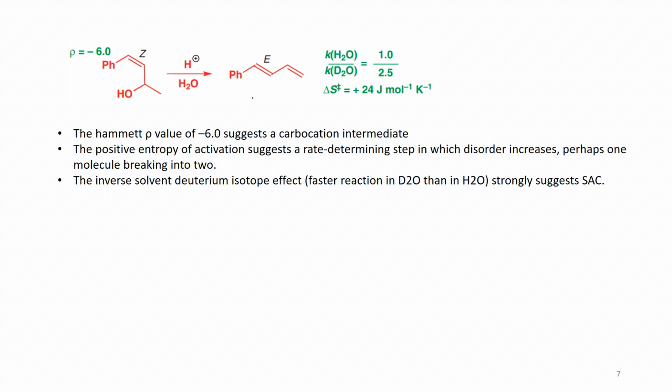So from the Hammett value, what can we see? The Hammett rho value is negative. A negative Hammett value denotes that it involves a positively charged intermediate. We have talked about the Hammett equation earlier.